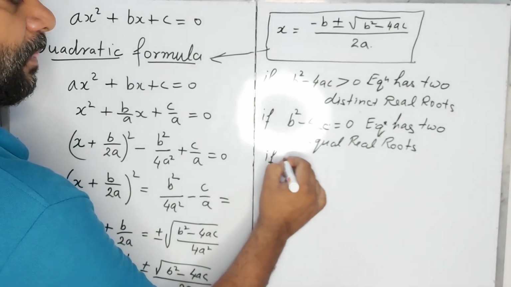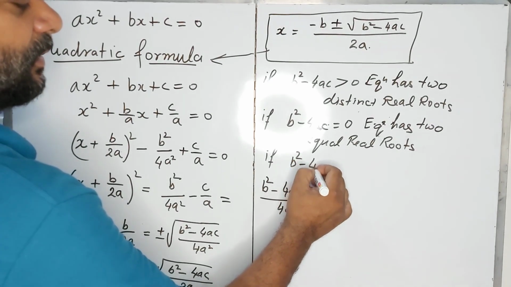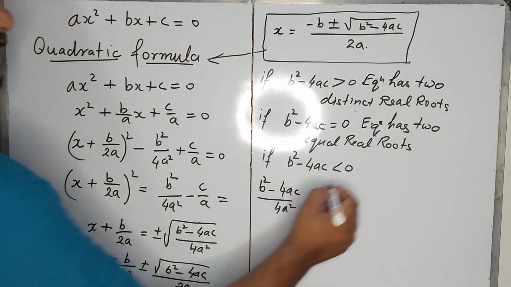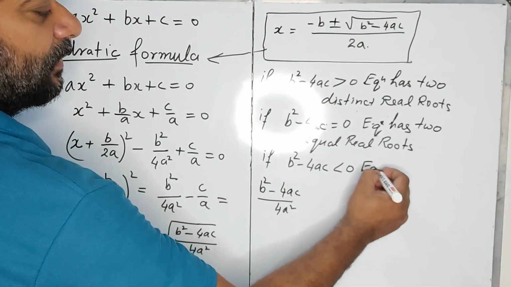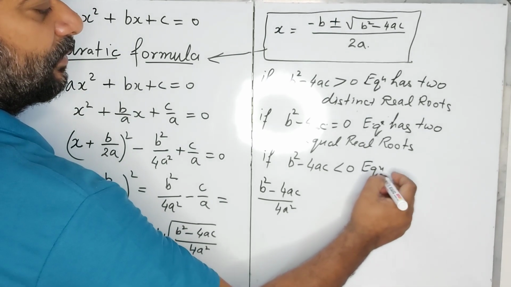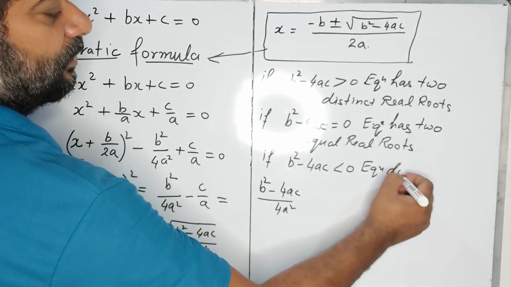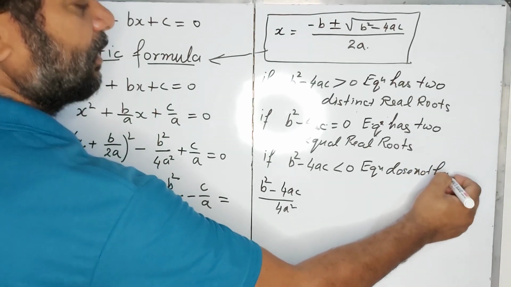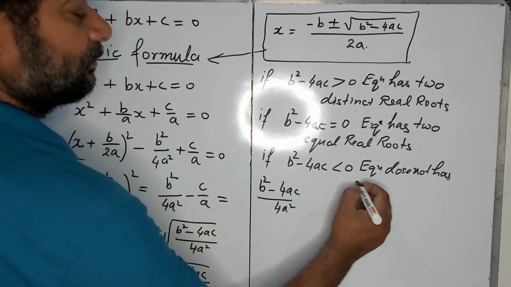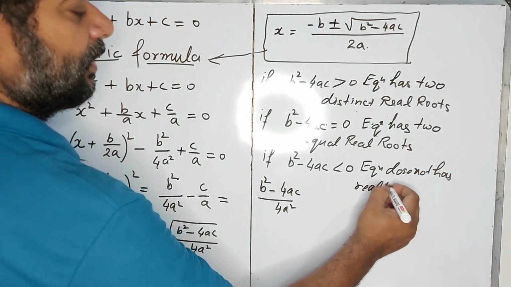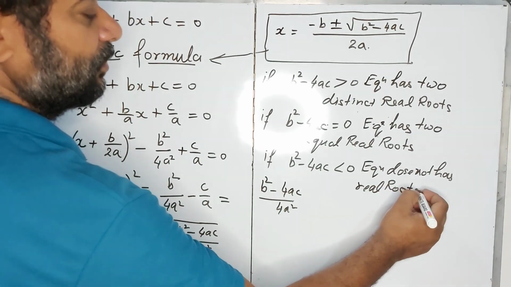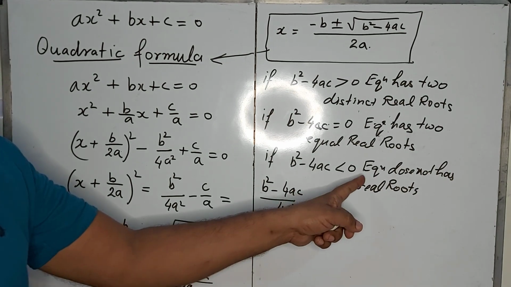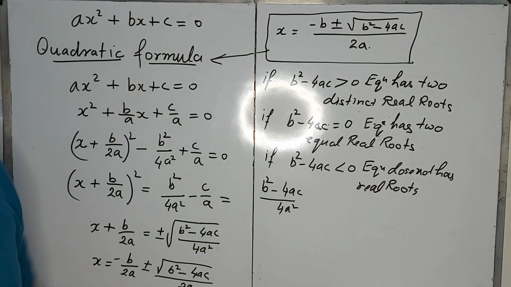If b square minus 4ac is less than 0, in that case the equation does not have real roots. That means in this case the equation has imaginary roots.